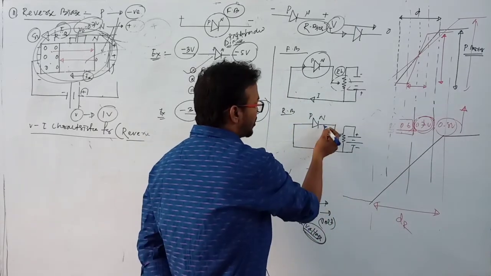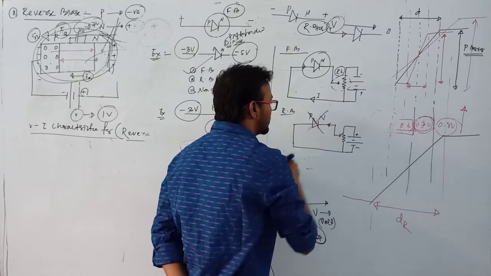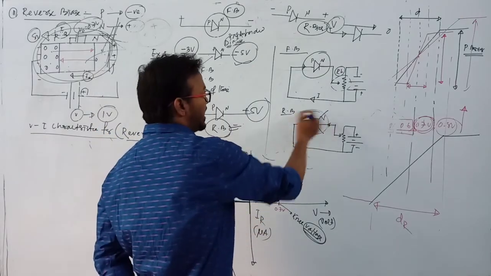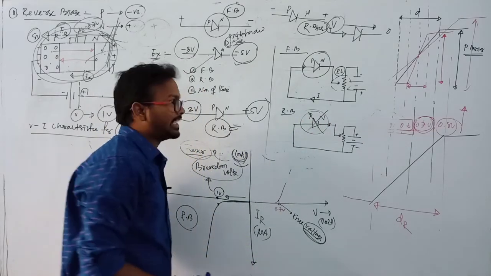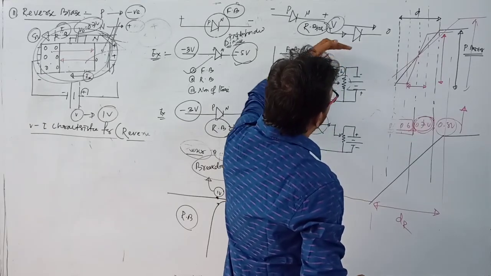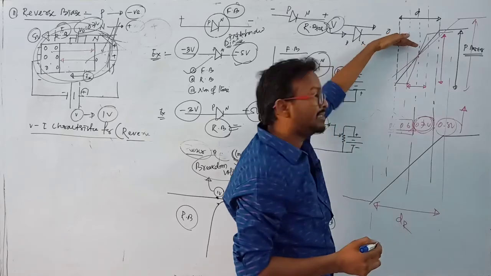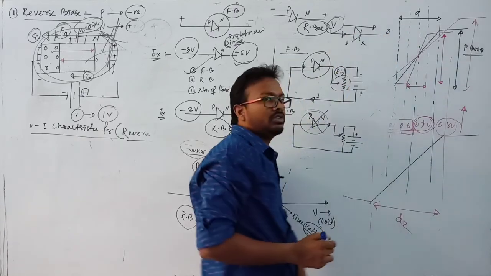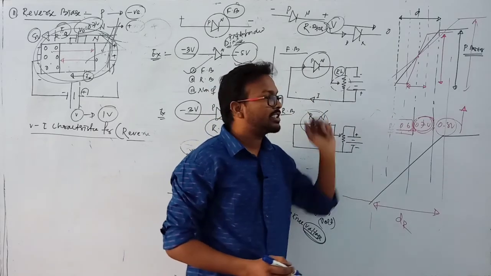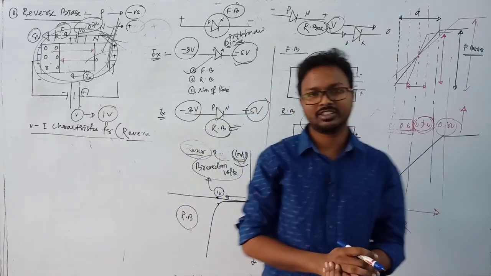Only a very small current flows in this direction and it does not allow current, meaning the junction diode will break down. So it only allows current when current flows from P type to N type, but when it flows from N type to P type, it opposes. That's why it is called the unidirectional effect of a semiconductor.